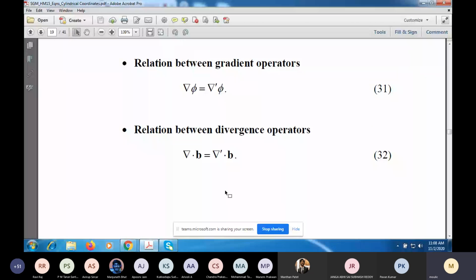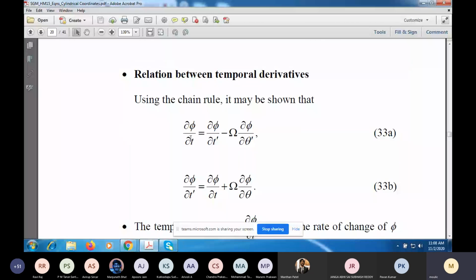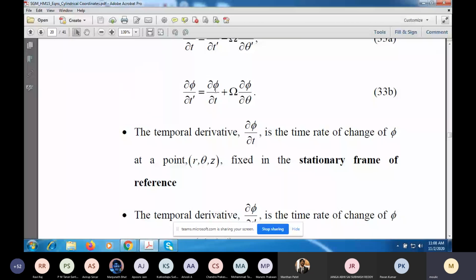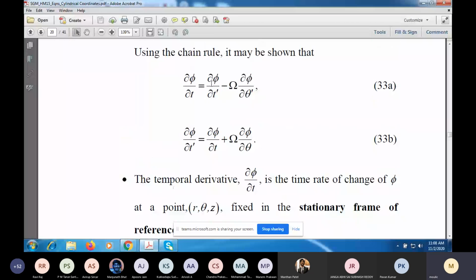The difference comes in the temporal derivative. As in the case of the Galilean transformation, you see that del del t, the temporal derivative in the stationary frame, is del del t prime, which is the temporal derivative now in the rotating frame, minus the angular velocity of the frame times del del theta prime. Or you have the equivalent relation where I have del del t prime on the left hand side and the original quantities on the right hand side.